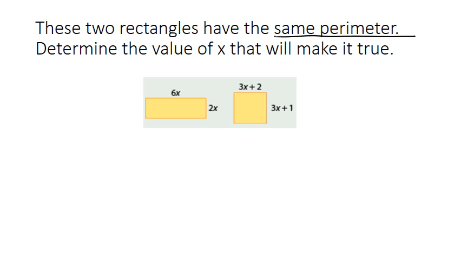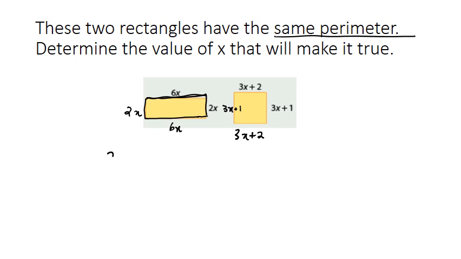So the perimeter around the outside of this rectangle, this one here, it says that this long side is 6x, so that means that this side must also be 6x. One side is 2x and the other side is 2x. It's the same with our other rectangle. This side must be 3x plus 2, and this side must be 3x plus 1.